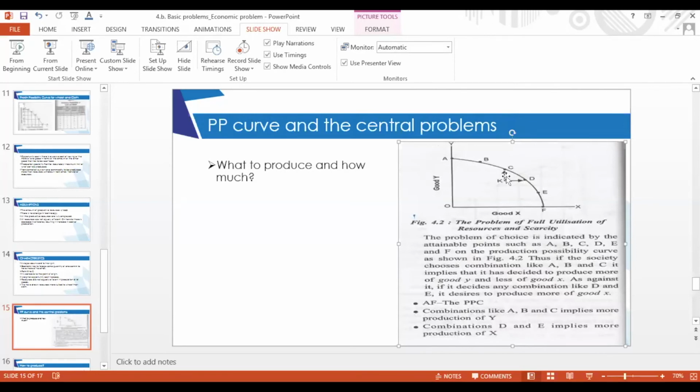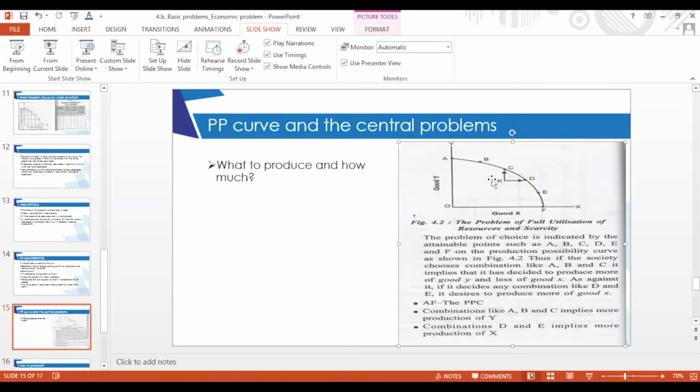If you produce below these, say at K point, all of you can see this K point? Right? So if you are producing below this K point, what will happen? This means you are not efficiently using all your resources.